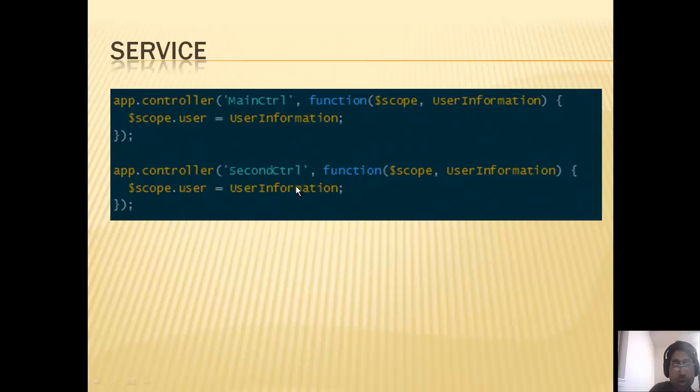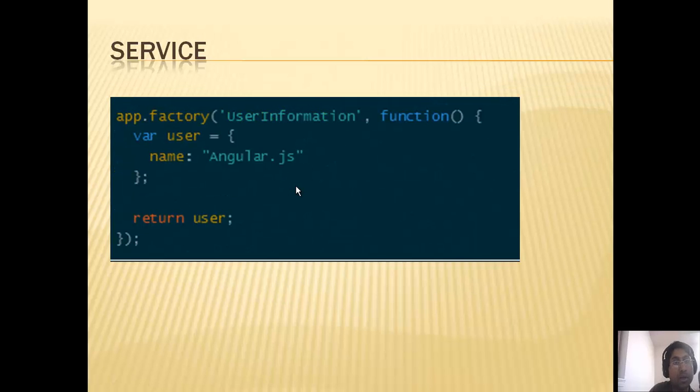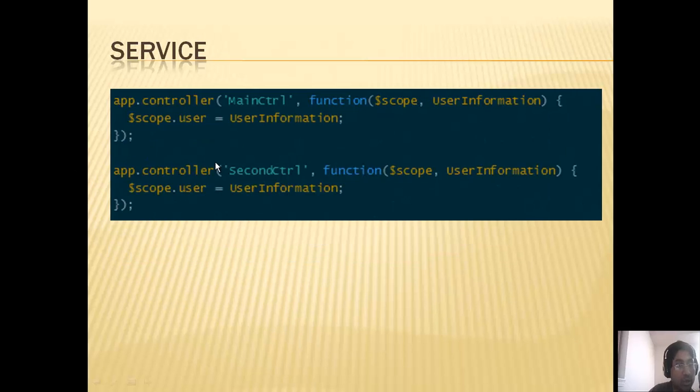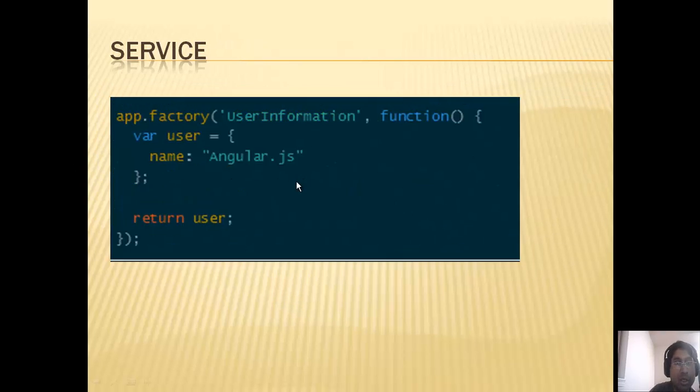Another thing is Chrome. Chrome has an extension, Batarang, that can show what is happening with your AngularJS application in the backend using some sort of visual presentation that will help to understand your Angular application.